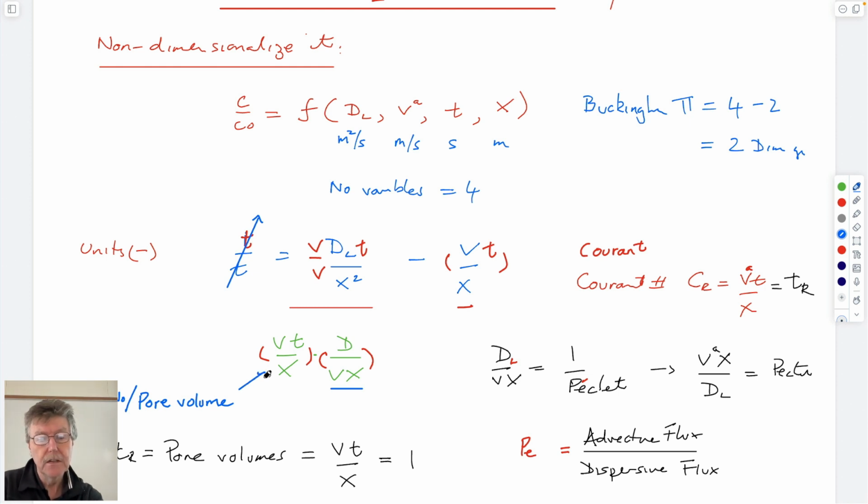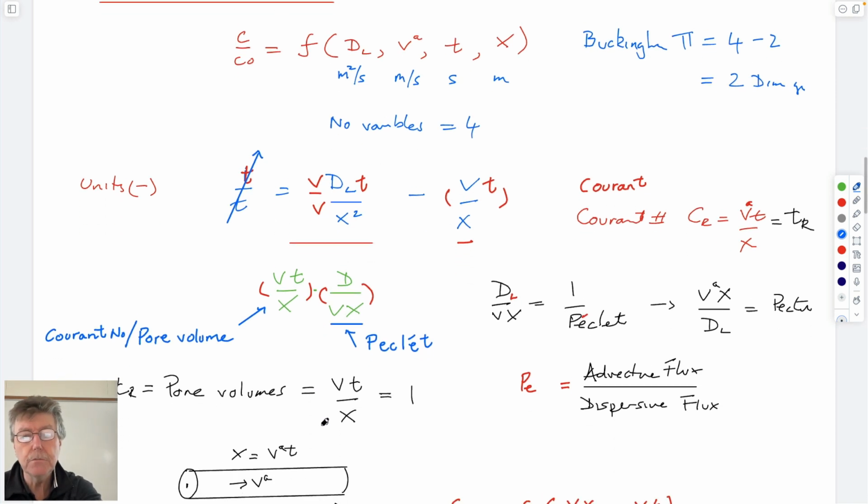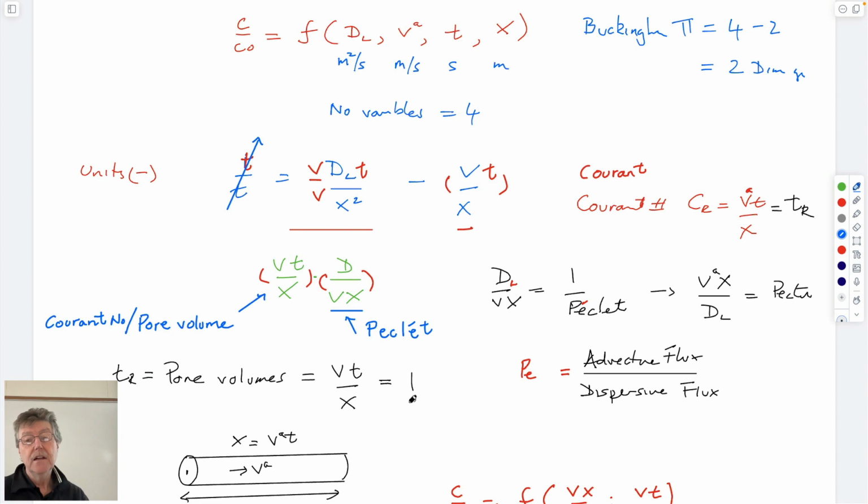And this is a Peclet number. Must be E, right? Resume has an acute accent on the E's, so I think it has an accent. So 1 over this term is a Peclet number. So those are two terms that we can use. Like all dimensionless numbers, they mean something.